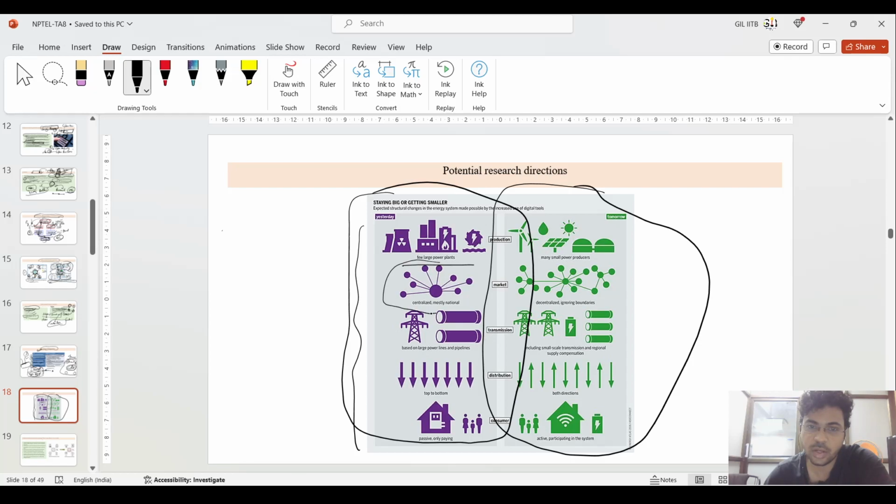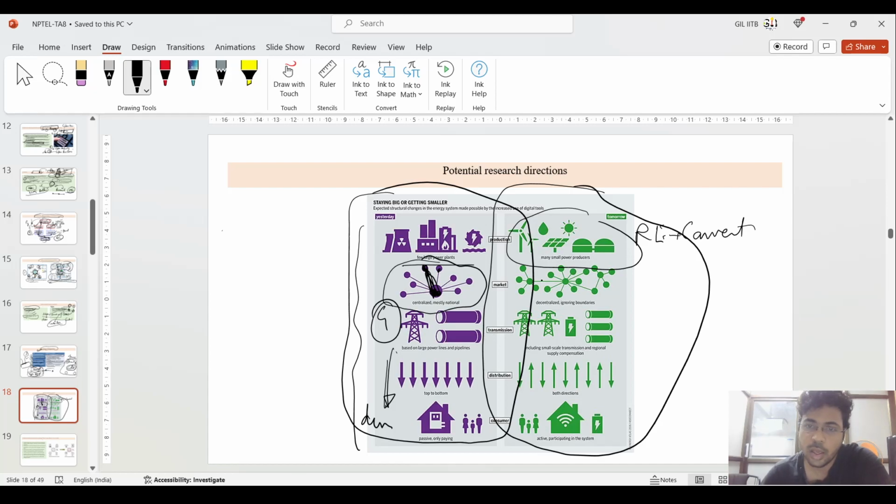Initially we had coal based power plants and nuclear based power plants, where there is just a centralized network. Suppose the communication is happening from one node to a single network node, and that node doesn't have any communication feature in between. Also this is one-way communication only, where the energy is only flowing from the generation side to the demand side.